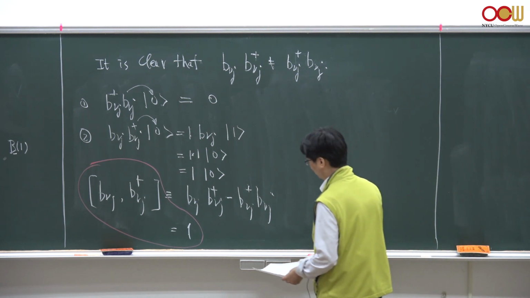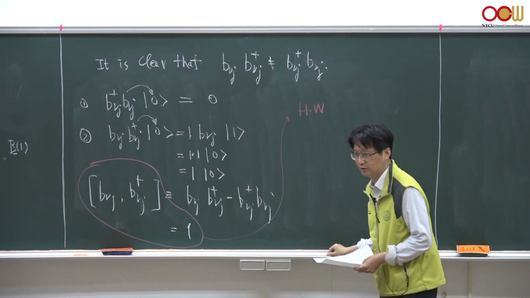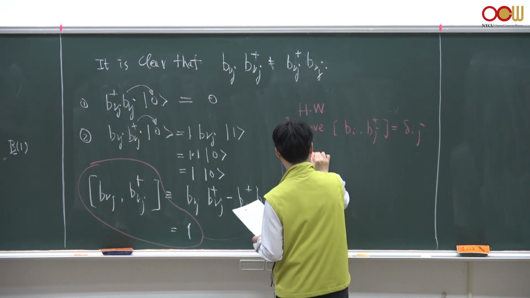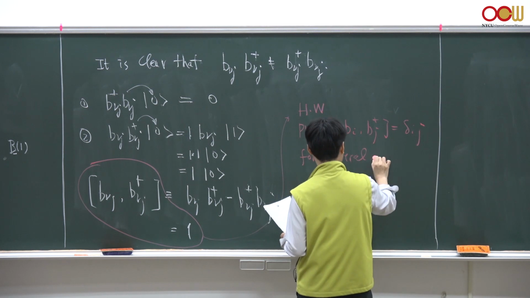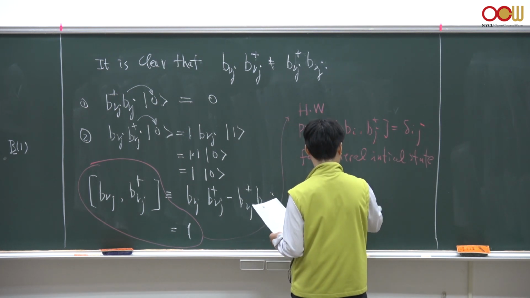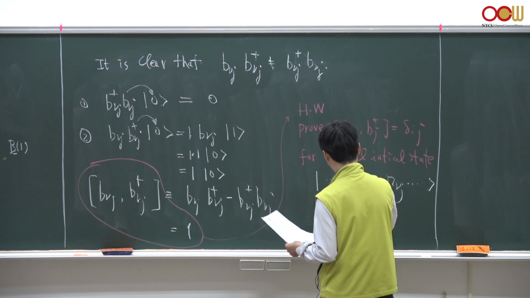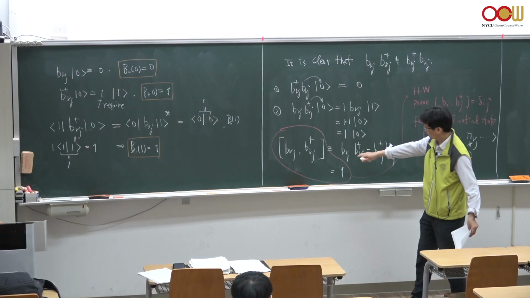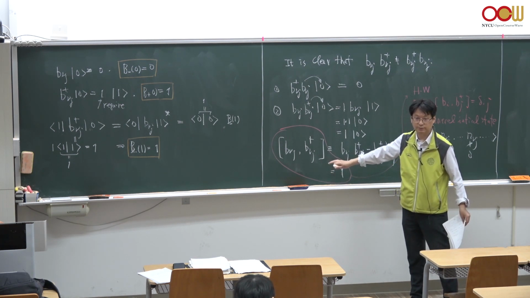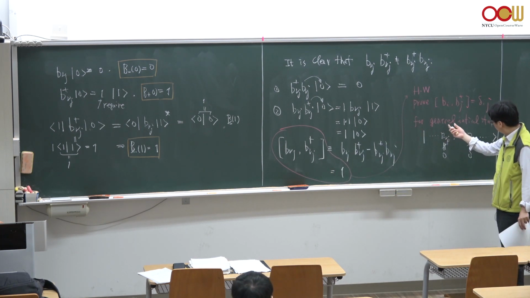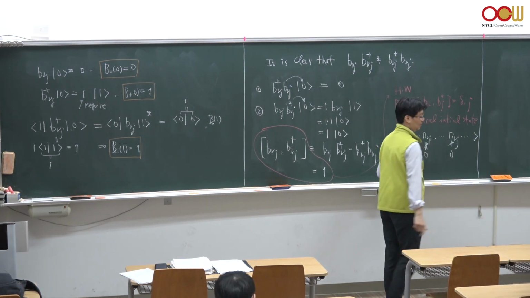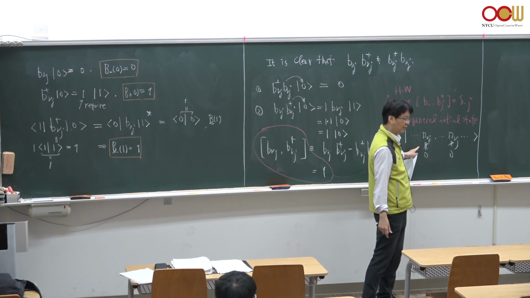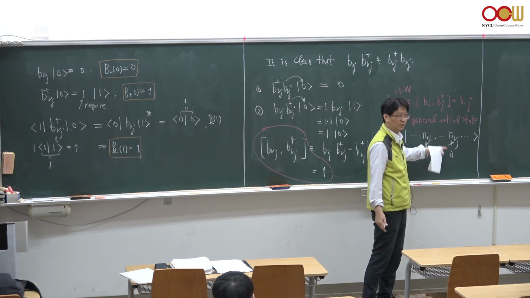So here comes the homework. The homework is to generalize this derivation for arbitrary initial states. To prove this for an arbitrary general initial state, where the nu j and nu I are non-zero. Okay, so you are able to show this non-zero commutation relation between b and b dagger for the most general arbitrary many boson wave function where nu I is some finite value and nu j is some other finite value.